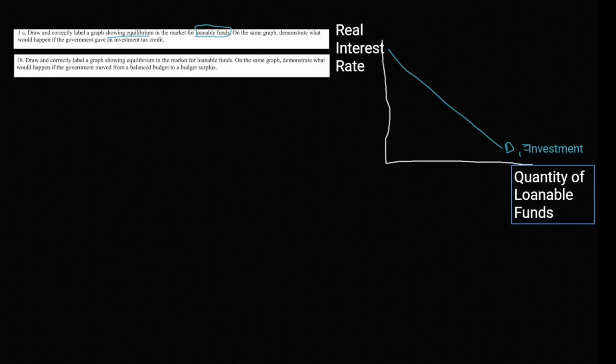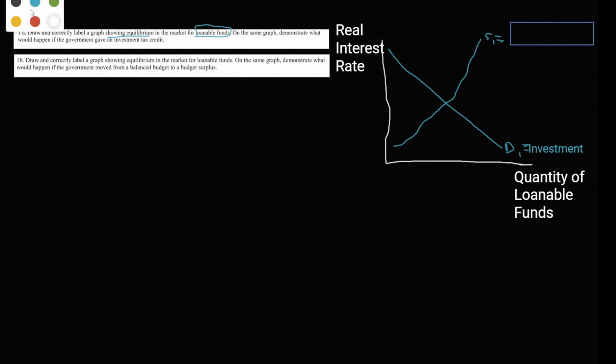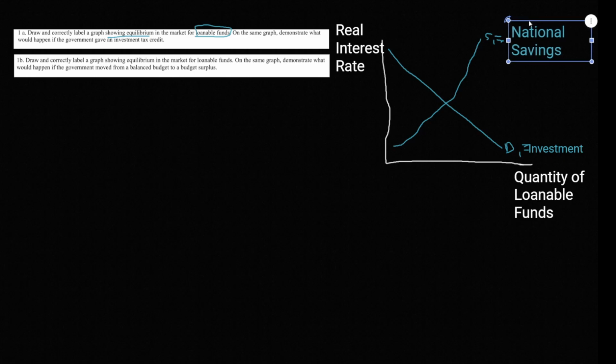And then we have the supply curve. This is the total national savings, so I'll just write S1. This is national savings. This slopes upward because if I am loaning my money to the bank to get some interest, I don't need to spend that money right now.